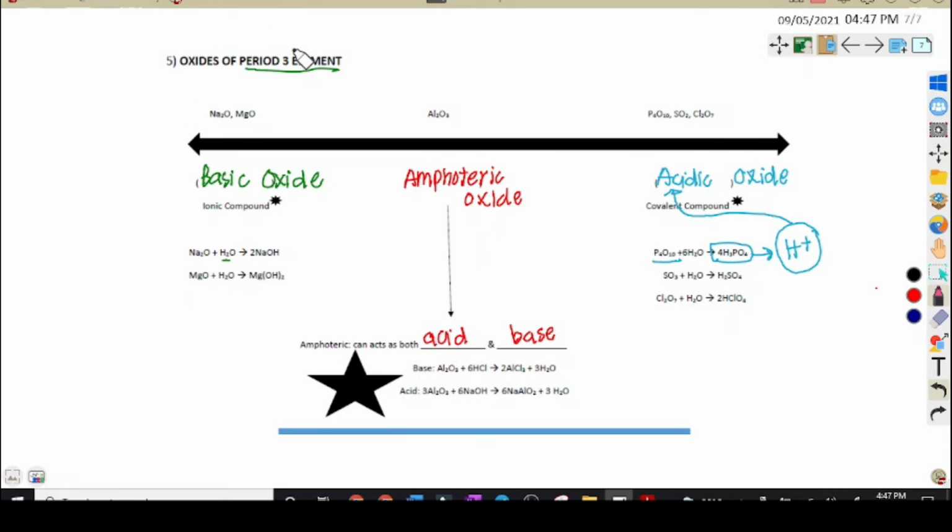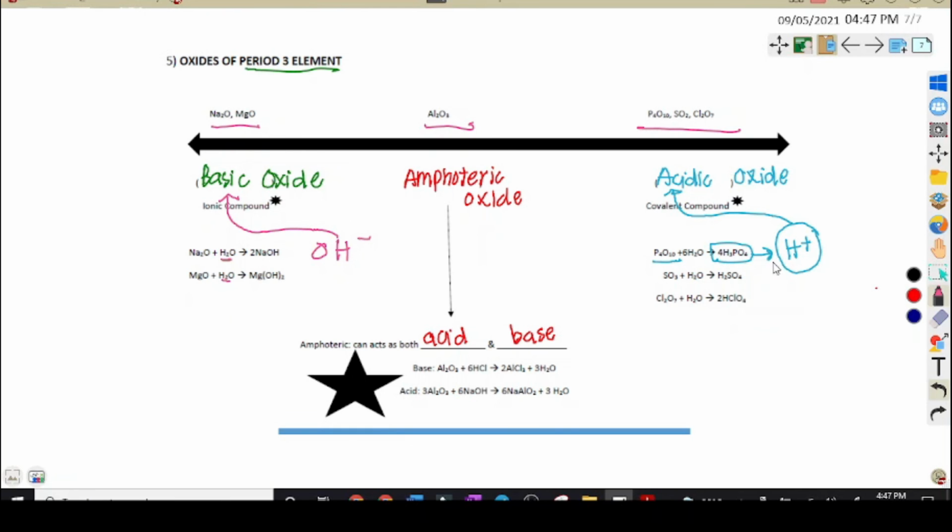In short, in order to determine the oxide of a period 3 element, you have to write the equation for the metal, the amphoteric, and the non-metal reacting with water first. Then you have to figure out whether OH minus or H plus is being produced. If OH minus is produced, then the metals, sodium and magnesium, will form basic oxide.